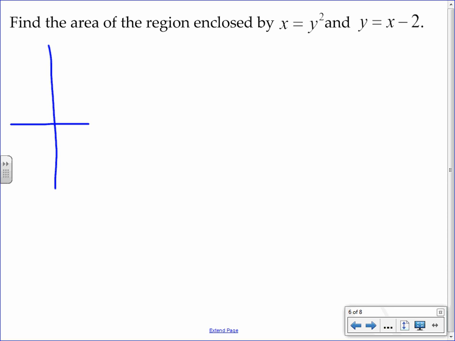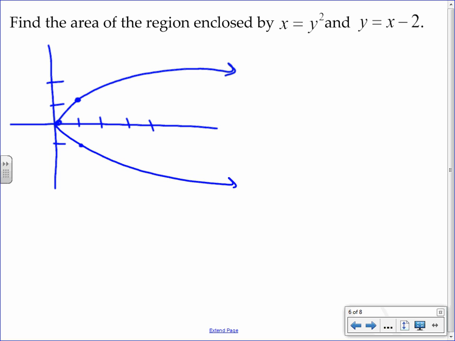To the right. Okay, y equals x minus 2. The line. We have a y-intercept of -2, slope of 1.